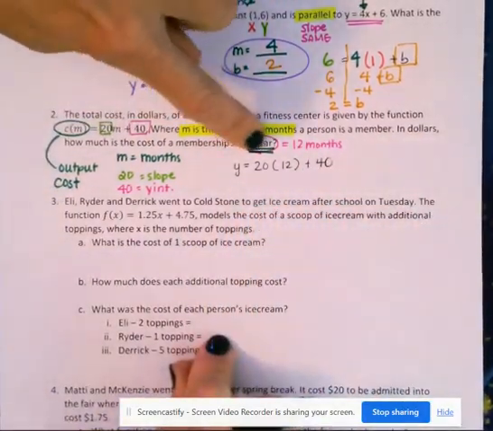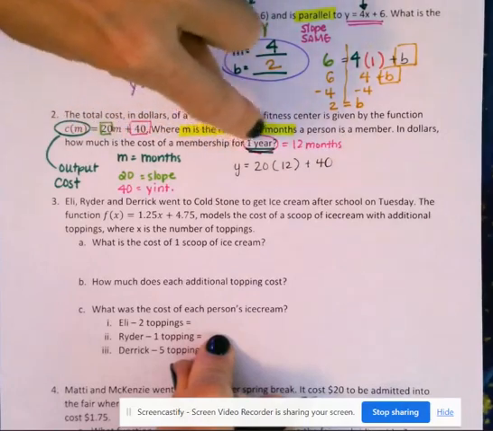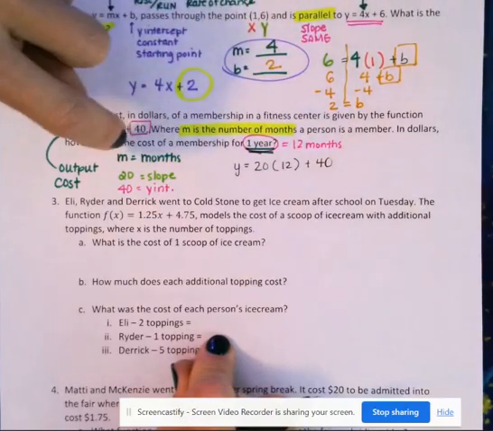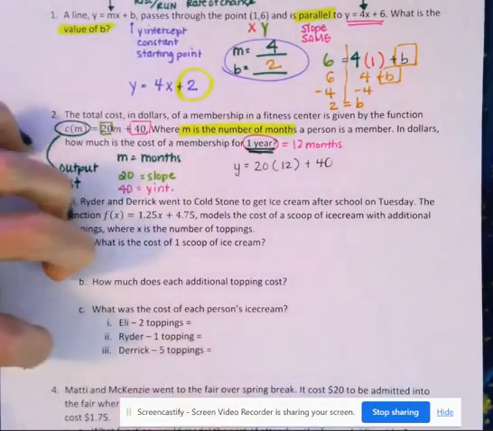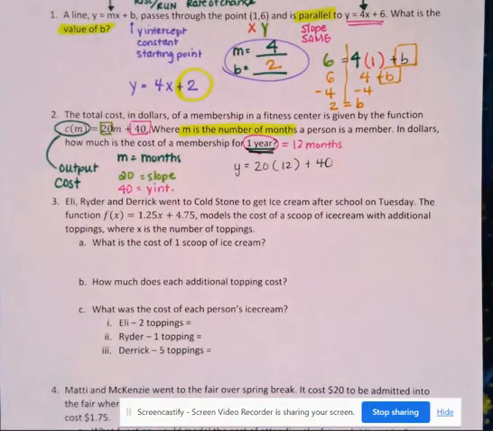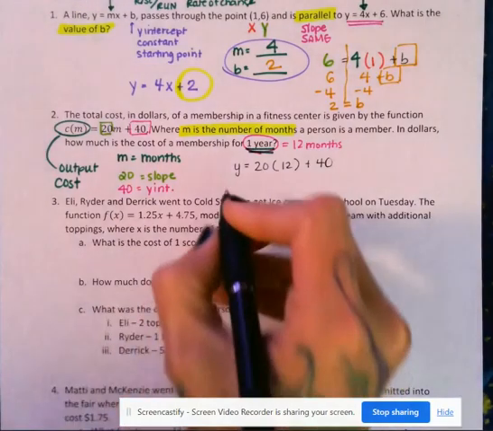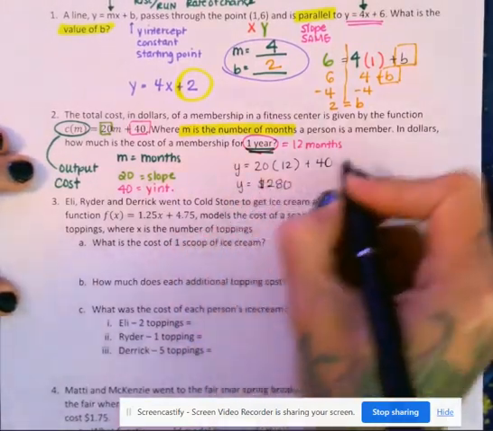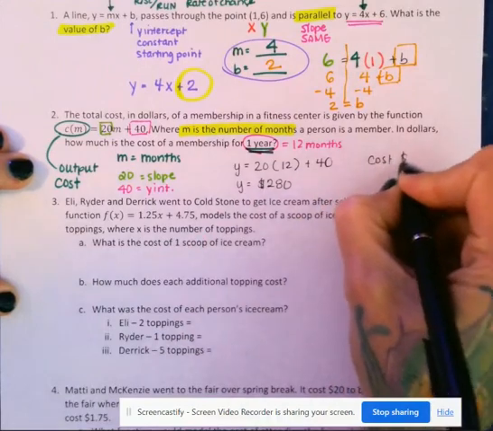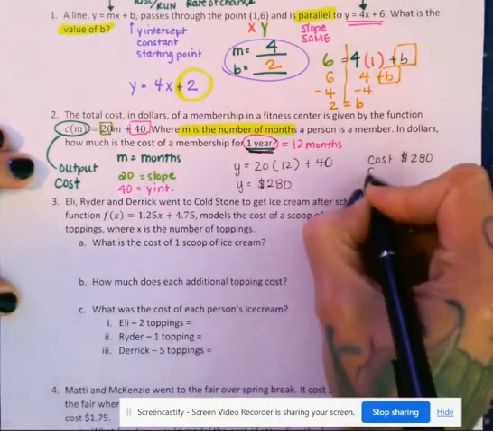And we know that this goes inside the equation because it's a time, so it's months. Cost is your output, time is your input. So 20 times 12 plus 40 is going to be 280. So it is going to cost $280 for a 1 year membership.